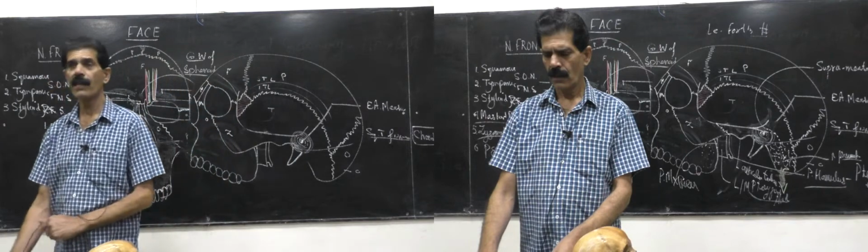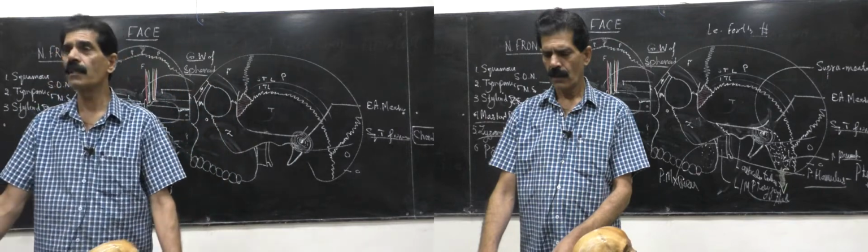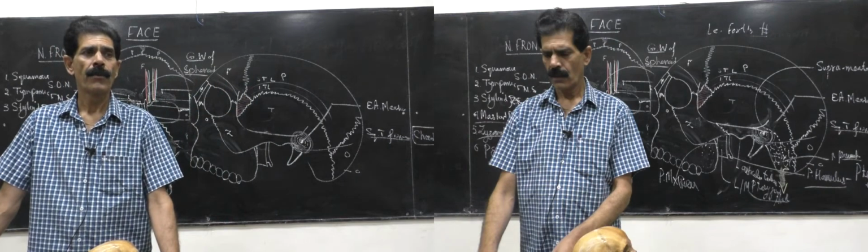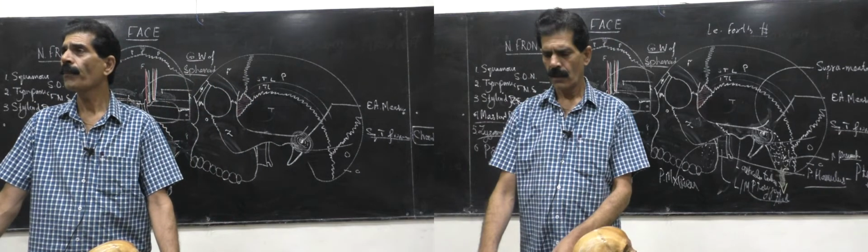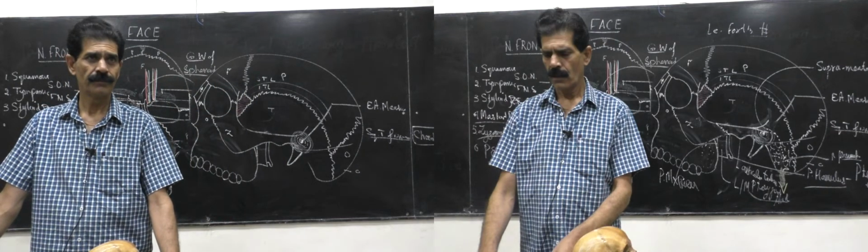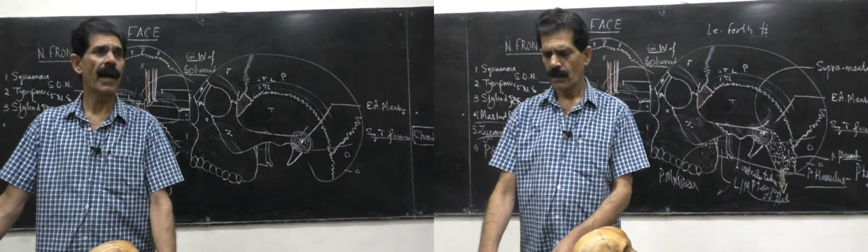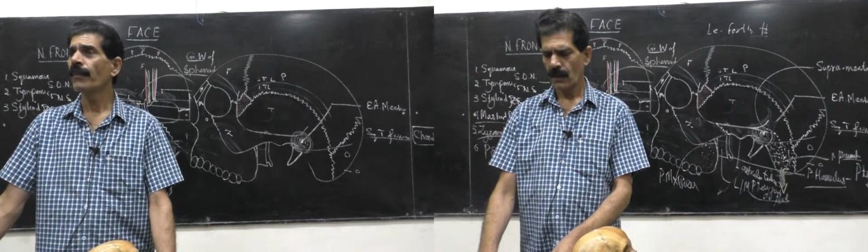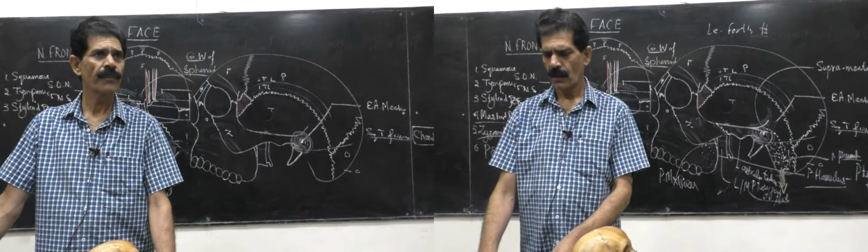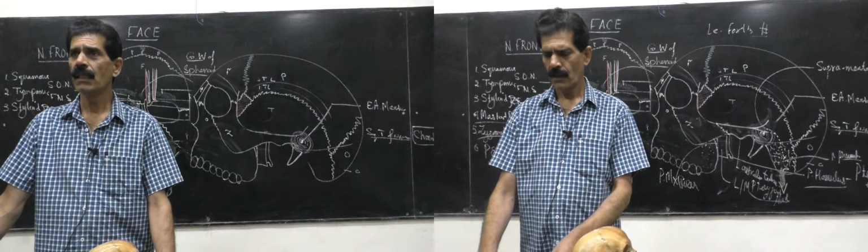And stylohyoid muscle also. There is a muscle whose name is stylohyoid muscle. So it constitutes a styloid apparatus actually. So many structures. It is attached to the tongue, to the hyoid bone, and to the mandible also. So surrounding structures are there.